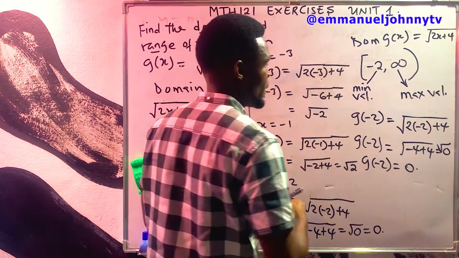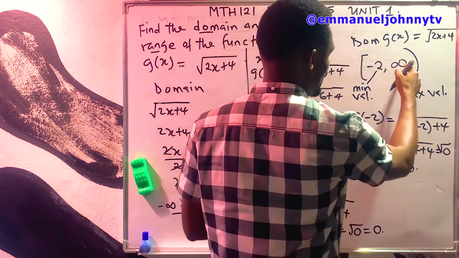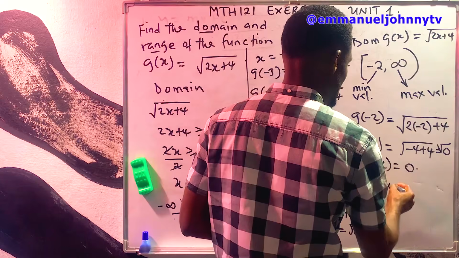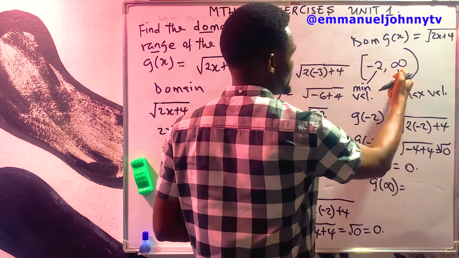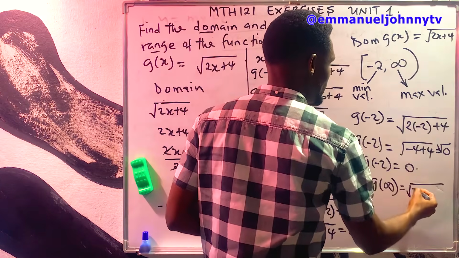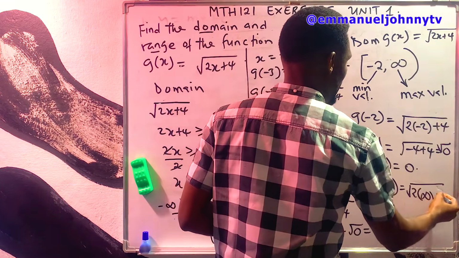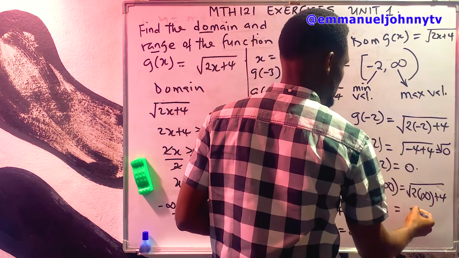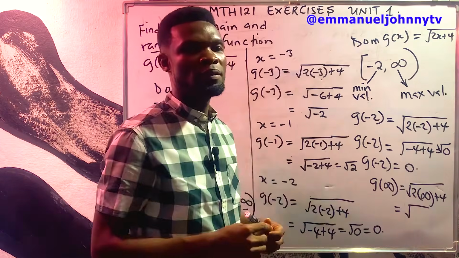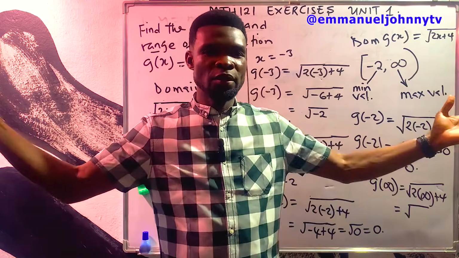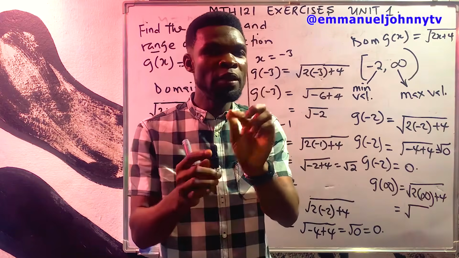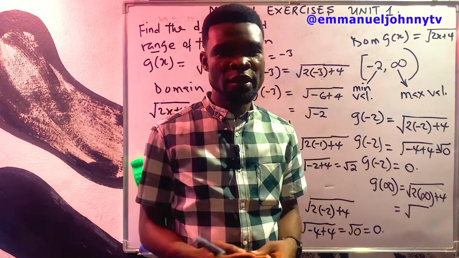Yeah, so let's do that. And the maximum value is infinity. So that means I'm going to find g of infinity. In other words, put infinity into the function. Anywhere you see x, put infinity. So that will be square root of 2 times infinity plus 4. Infinity is actually a very large number. So carry 2, multiply with infinity. 2 multiplied by a very large number will still remain that large number.